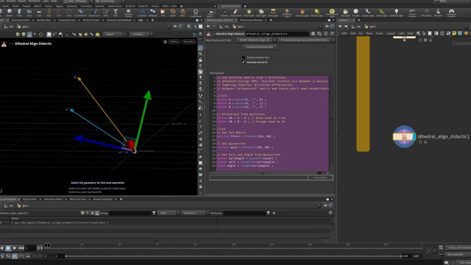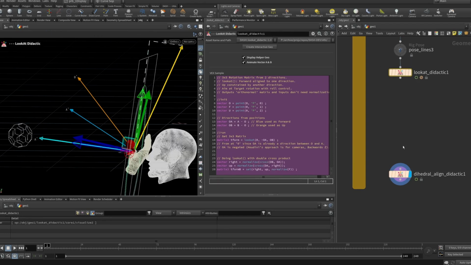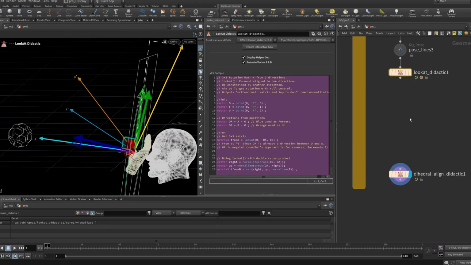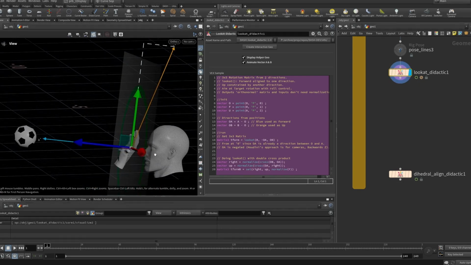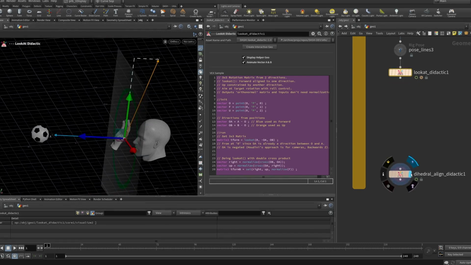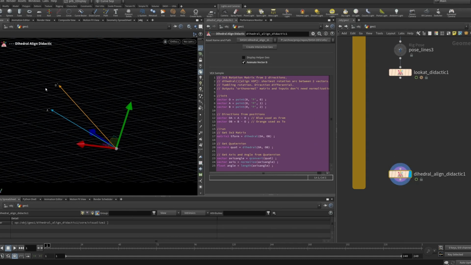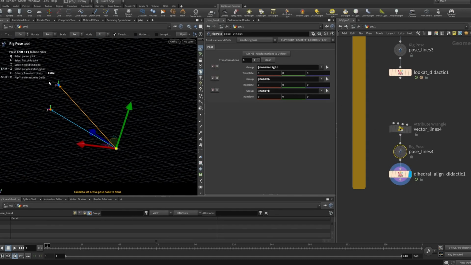Both these operations, the LookAt and the dihedral, don't care about the length of the vectors. The only thing they care about is their direction. So the dihedral doesn't care if the vector is longer or shorter. If I come here, it's the same thing. What matters is, okay, what's the angle from A to B? And that's the rotation you get.